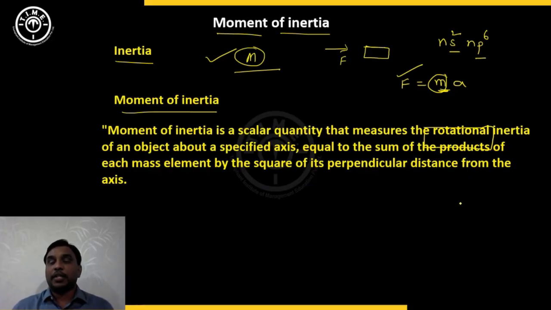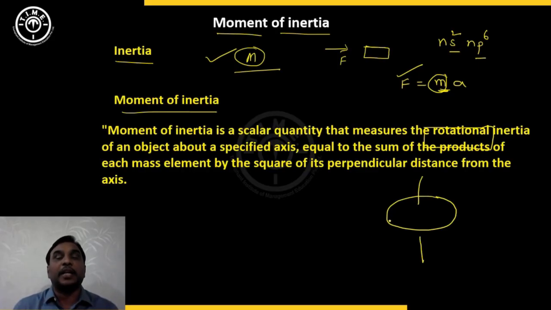Let us suppose this object is a ring, rotating about its own axis. You want to calculate the moment of inertia of the ring about this axis. Select one small line element whose mass is dm, which is at a distance r. Then the moment of inertia of that element is dm into r square.